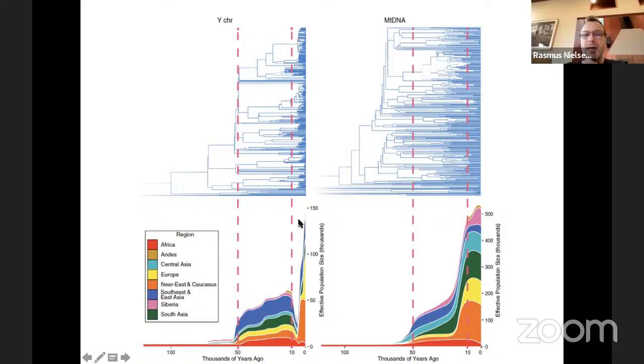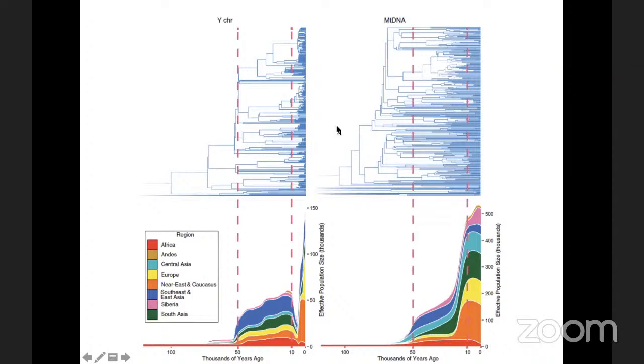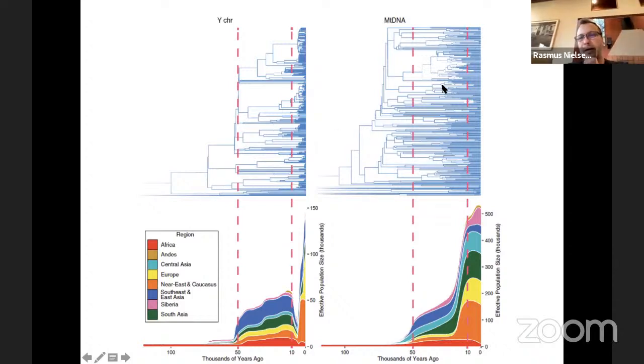Okay, so first of all, the top here shows trees that have been estimated for the Y chromosome. So phylogenies, or you can think of them as coalescence trees, that have been estimated for Y chromosome and for mtDNA. So mtDNA is inherited just maternally and sits in the mitochondria, and there's no recombination in that DNA.